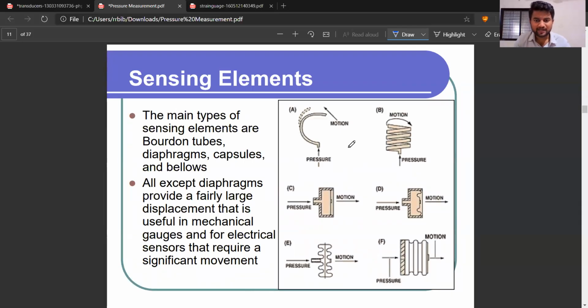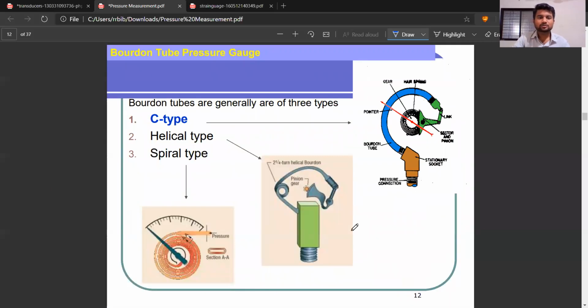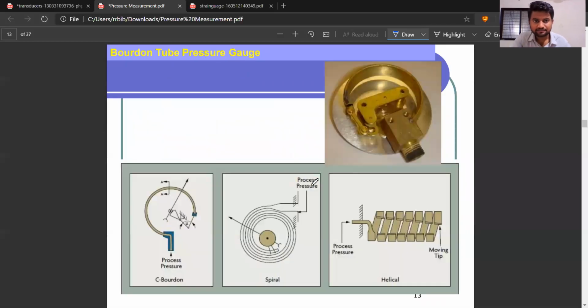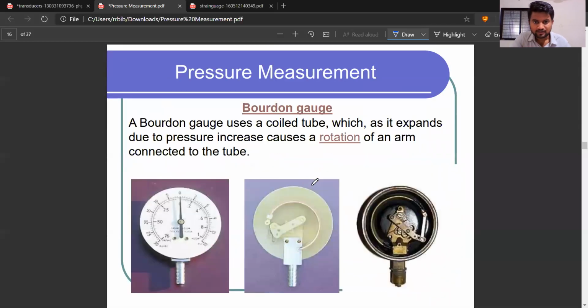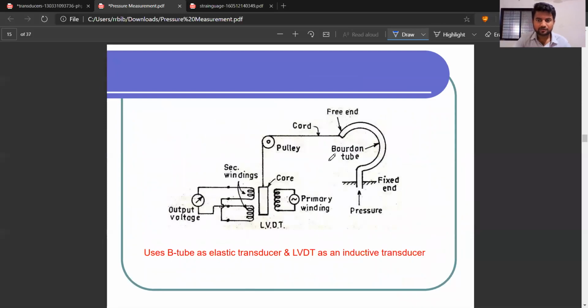The sensing element is used to sense the pressure. This is a typical Bourdon tube type of pressure gauge used to measure pressure. The pressure is applied here, and based on this pressure, your Bourdon tube changes its shape, since it uses an elastic material.